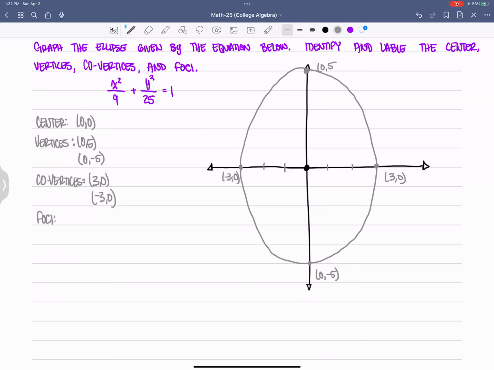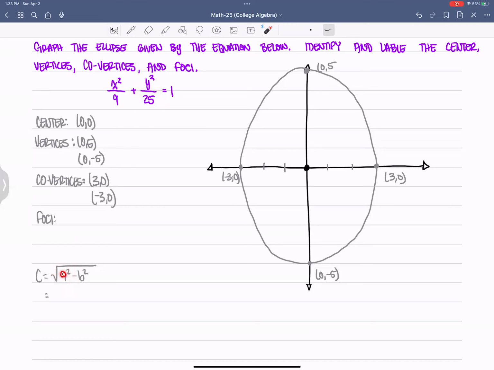Next, let's go out and find out what c is. So we know that c is equal to the square root of a squared minus b squared. a squared comes off of our major axis. b squared comes off of our minor axis. So here, a squared, this is already squared, so we don't have to square it.